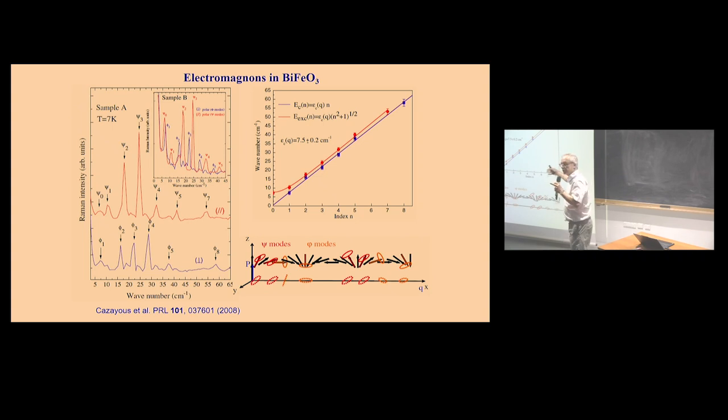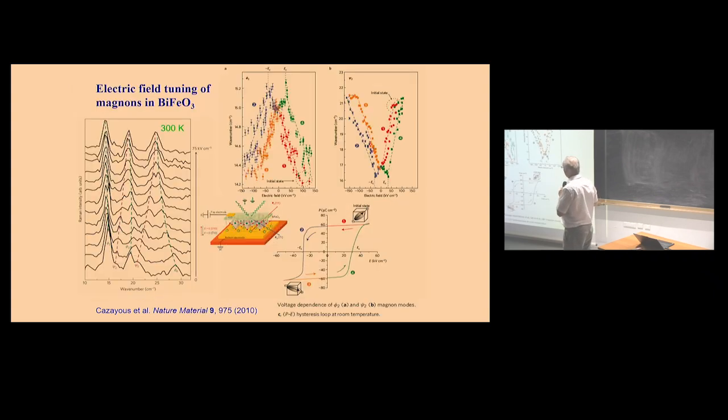The modulation in bismuth ferrite is 62 nanometers, so the Q vector of this modulation is quite small. Due to this electric activity, the electromagnon can also be seen in Raman spectra, not only in terahertz spectra.